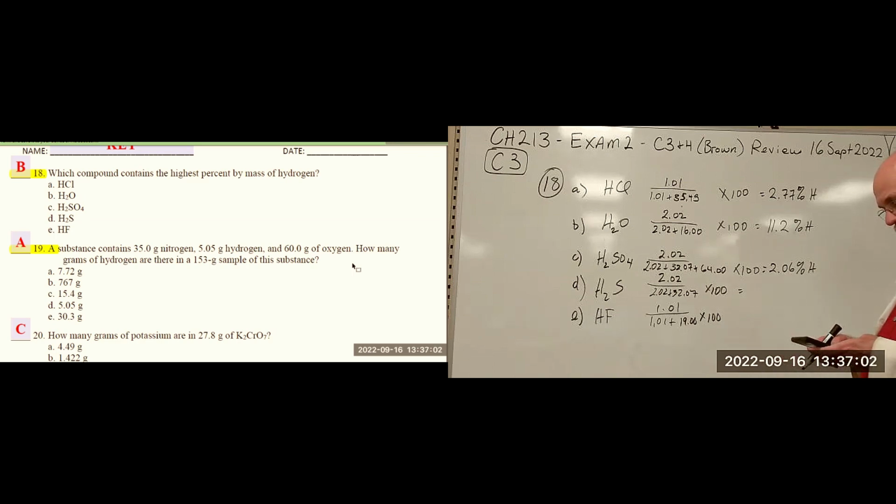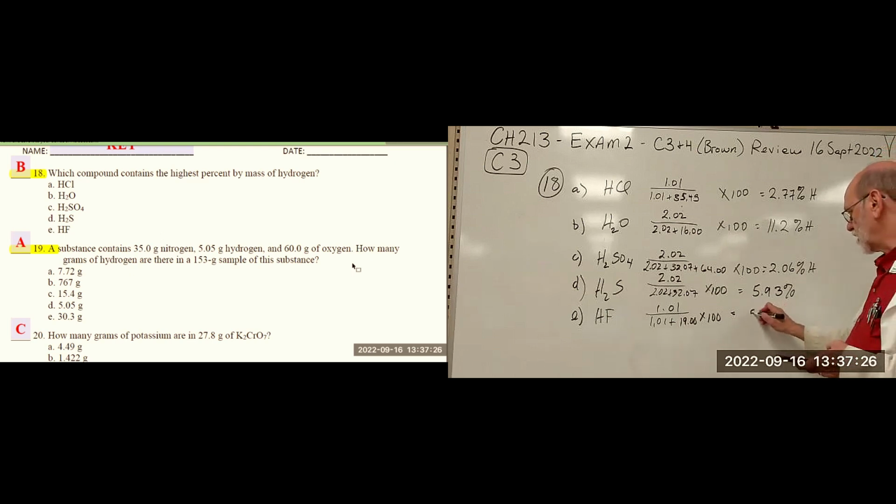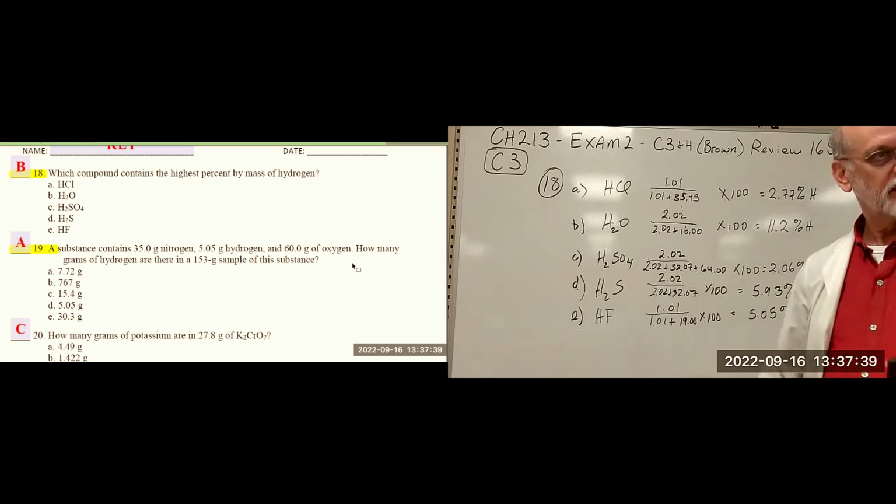And I get 5.93. And HF, 1.01 plus, that's 5.05. Okay, I was, no, I was right. 11.2%. Okay, never mind.